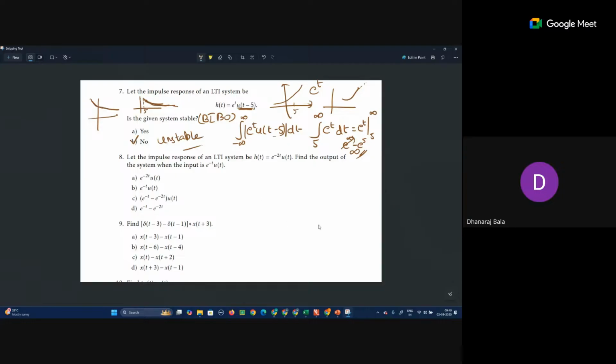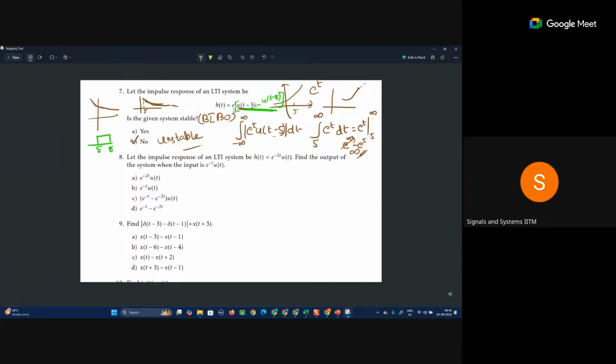So if we have another term, e power t multiplied by u(t minus 5) minus u(t minus 8), would it be stable? Yeah, correct. It will be stable because it is a rectangular function, right? If you see this condition, u(t minus 5) minus u(t minus 8) will be a rectangular function from 5 to 8.